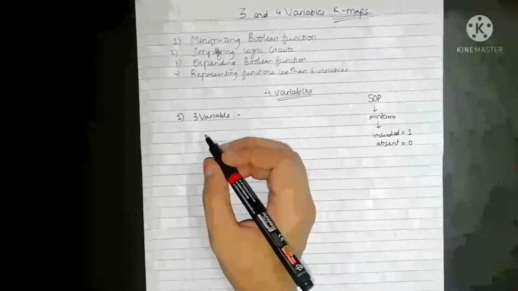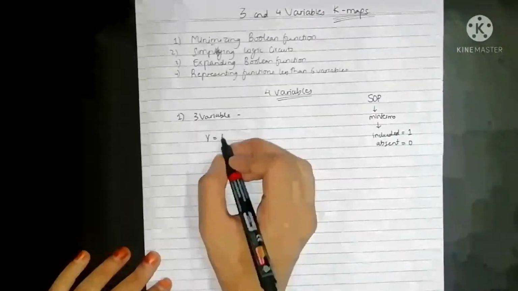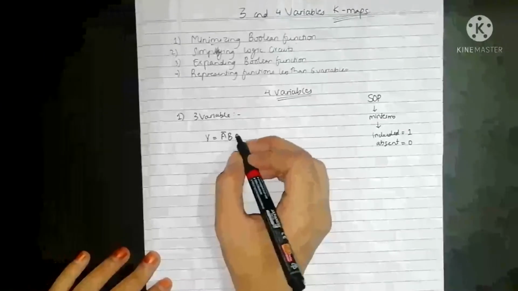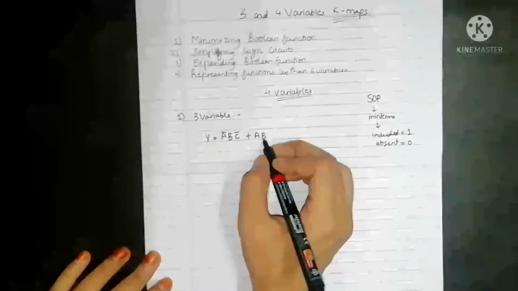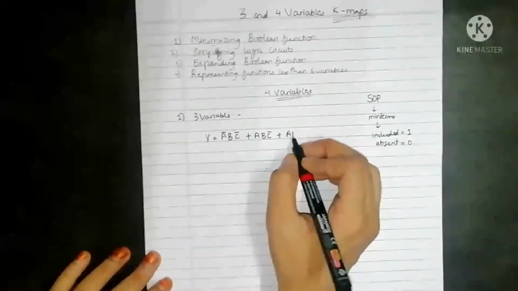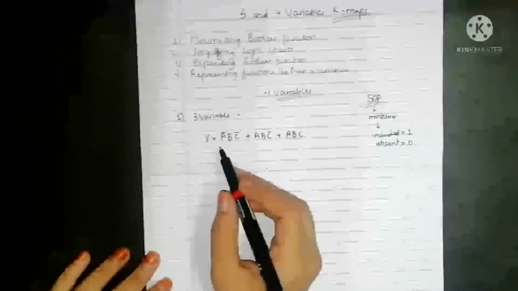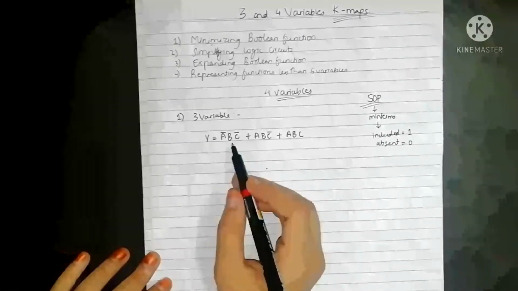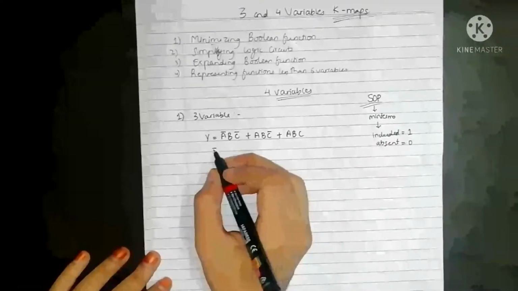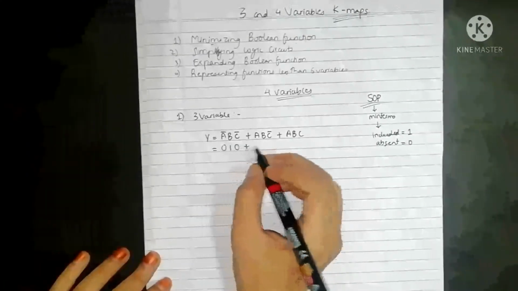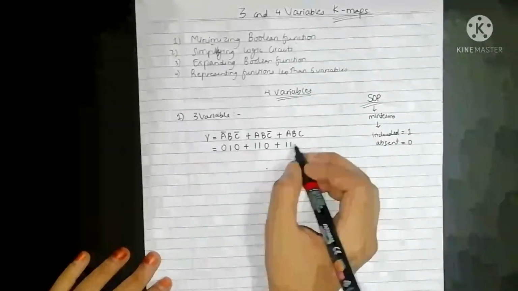Suppose our equation is y is equal to a bar b c bar plus a b c bar plus a b c. Now in SOP form, the complemented variable is taken as 0, whereas the uncomplemented is taken as 1. So 0 1 0, 1 1 0 and 1 1 1.